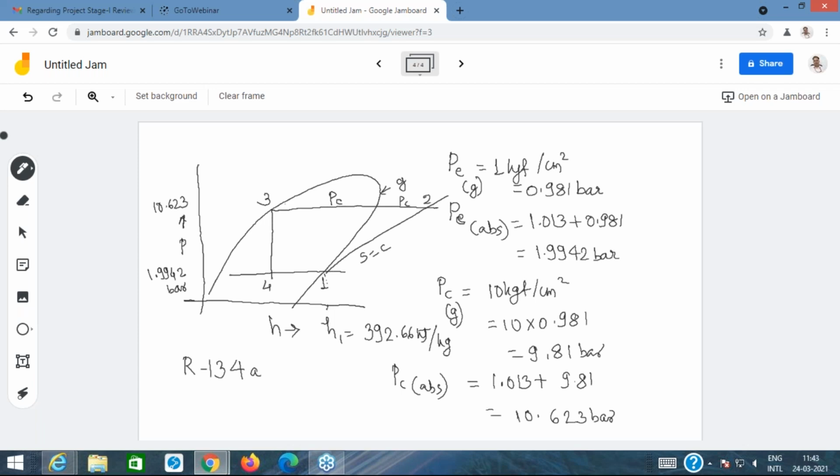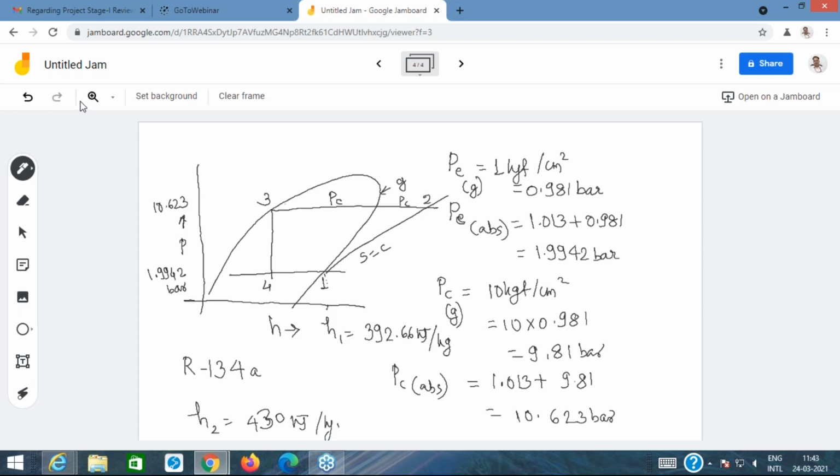And if you read that value, in my case I got H2 as about 430 kilojoules per kg.